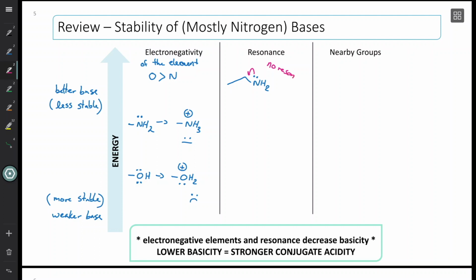That lone pair can't be conjugated elsewhere. It is stuck on the nitrogen, and so it's ready to act as a base, right? That lone pair is available. So that makes it a better base than, say, aniline.